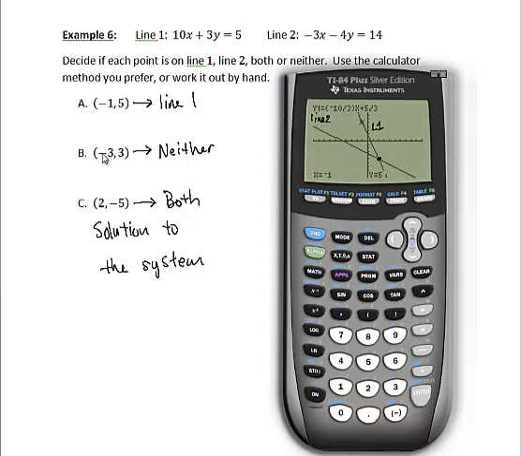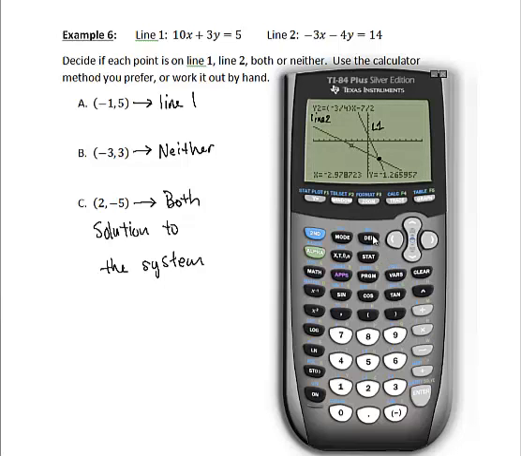So we want to check the second ordered pair, so we hit trace, and then we type in our new X value of negative 3 and hit enter again. And we can't even see the cursor. And we definitely do not get a Y value of positive 3.